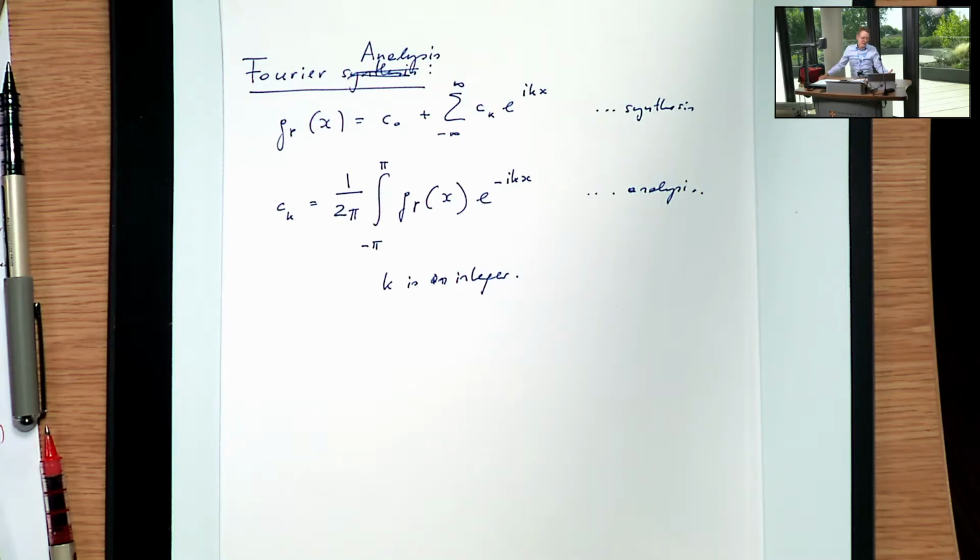So that would be half per millimeter, is what the spatial frequency would be that corresponds to this pattern here. It means nothing else than saying the intensity of this pattern changes every 2 millimeters. So that is the spatial frequency. So essentially that is analyzing what the components are.